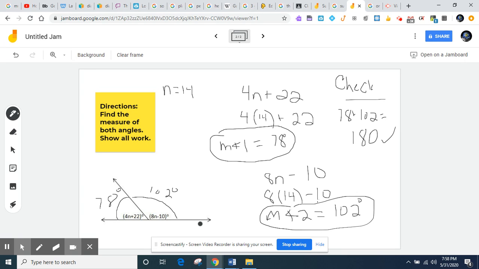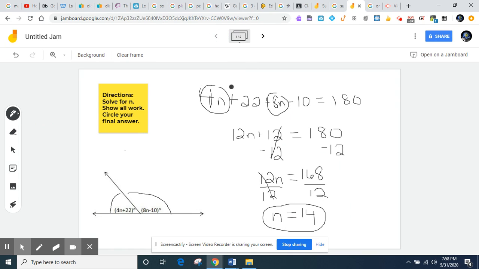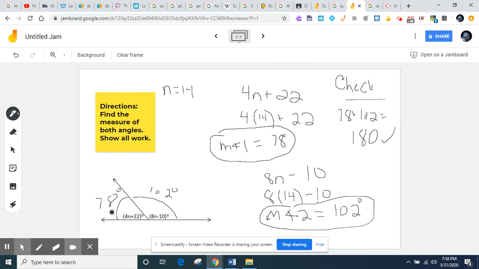Okay? So in your next lessons, you're going to be doing both. You're going to be solving for n, and then you're also going to be solving for the measure of the actual angles. Okay? You can use this video to help you figure out both. I hope this helps. Good luck.